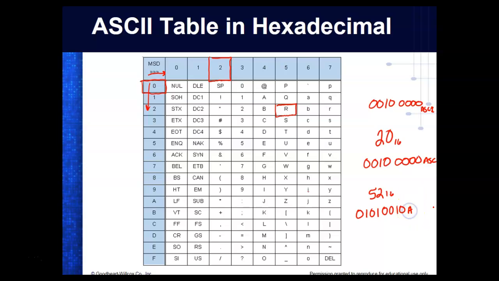I'm just going to put an A out there. And then I would use the lowercase i. So lowercase i is 69 base 16. And this will be ASCII.